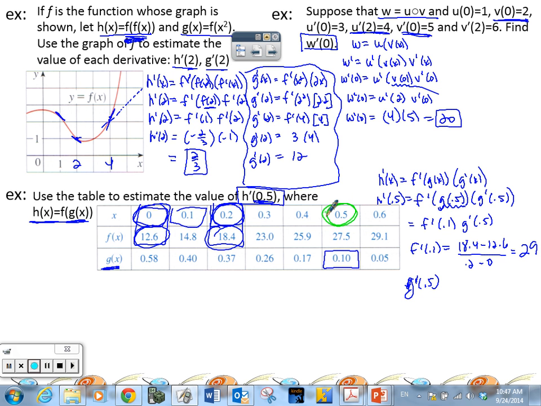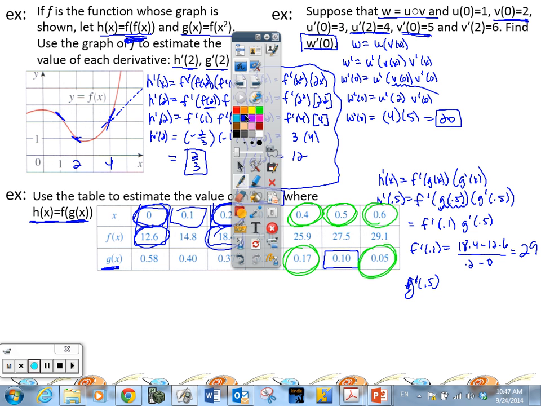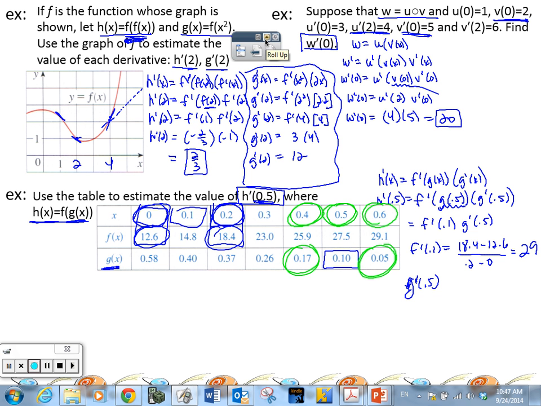We're going to reach on either side of it, so we're going to use these two x values, and since we're using g, these two values in finding our derivative estimate. So we have 0.05 minus 0.17 over 0.6 minus 0.4.